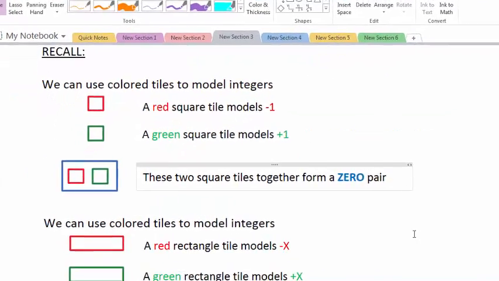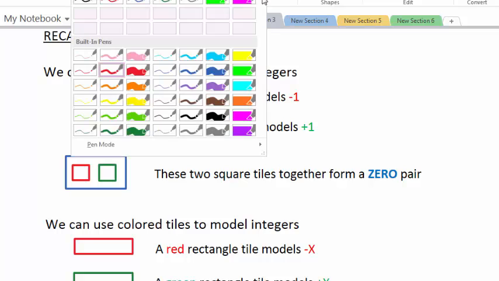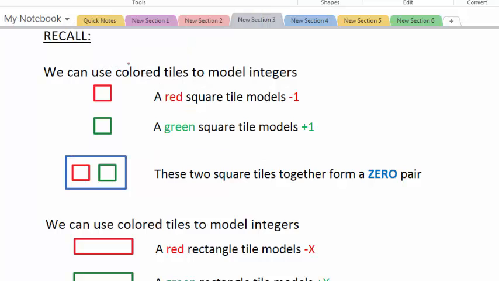Recall. As you know, we can use colored tiles to model integers. If I have a square tile like this and it's red, this is to introduce a model for -1.